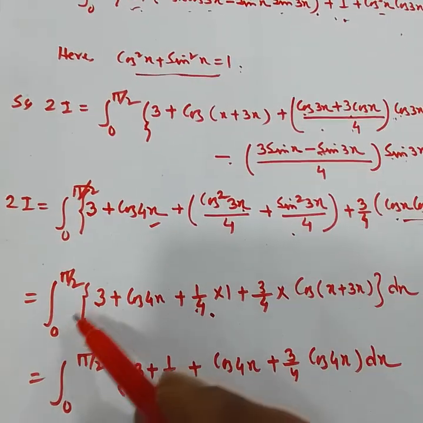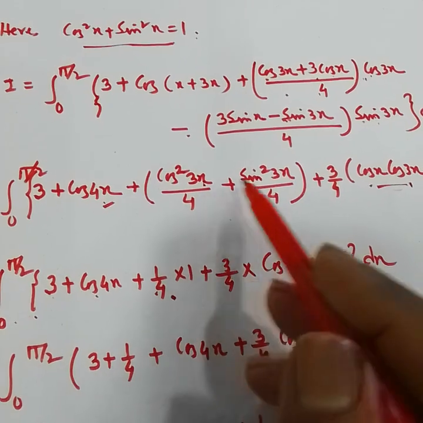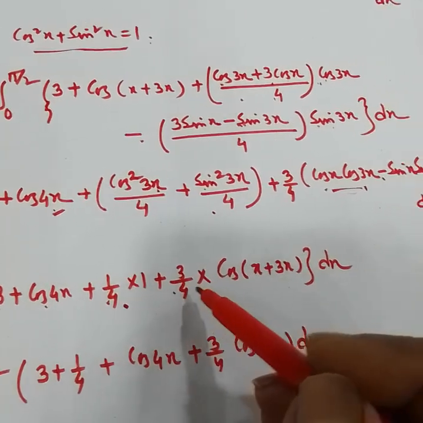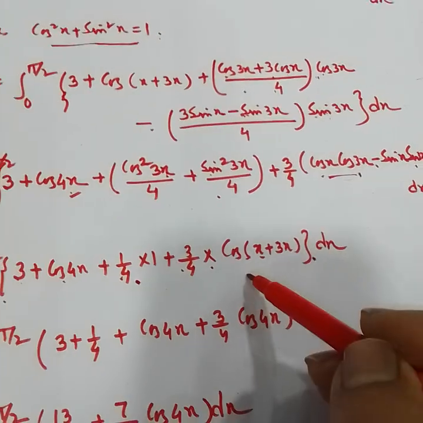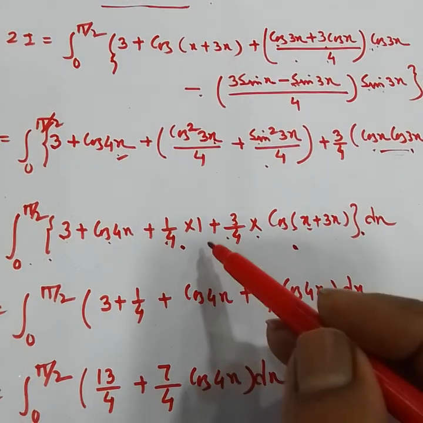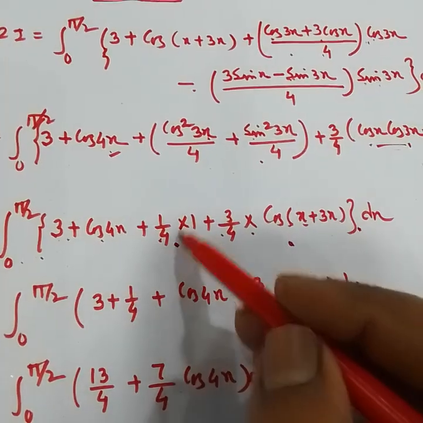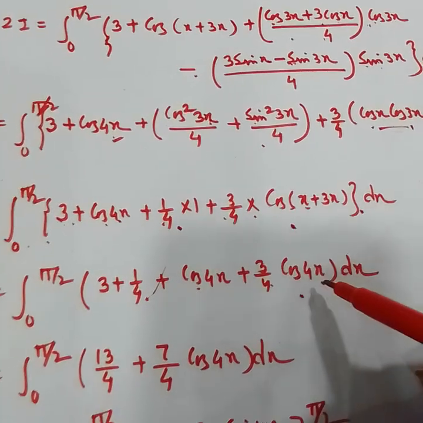So we finally get the integral from 0 to pi by 2 of 3 plus 1 by 4 into 1 plus 3 by 4 into cos of a plus b, cos of x plus 3x. It becomes again cos 4x. So here we get 3 plus 1 by 4 plus 3 by 4 into cos 4x.